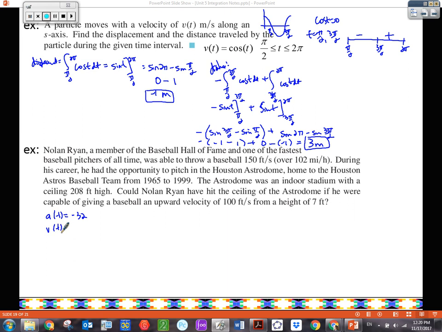So v of t, I do the antiderivative of -32, and I get -32t plus c. Okay, so let's find what c would be. All right, so that's velocity. They're saying the initial velocity is 100 feet per second. Initial means t is 0, right?